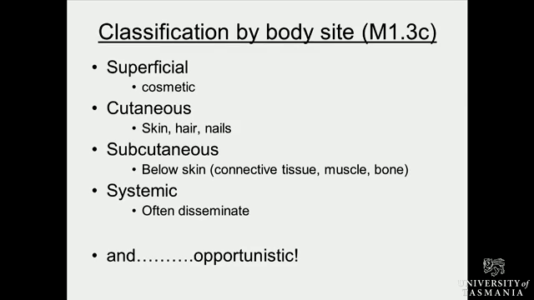And then there are some that are systemic. There's more than one kind of disease that's systemic in that way. The most common kind of systemic disease are the ones caused by the thermally dimorphic fungi.